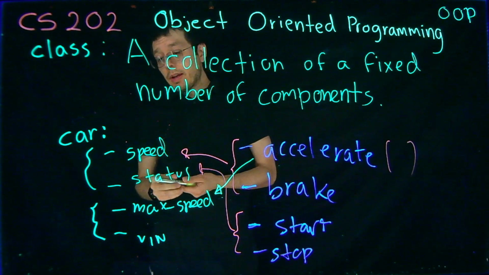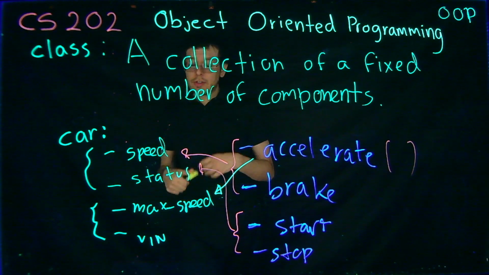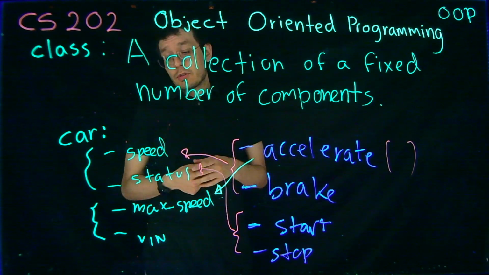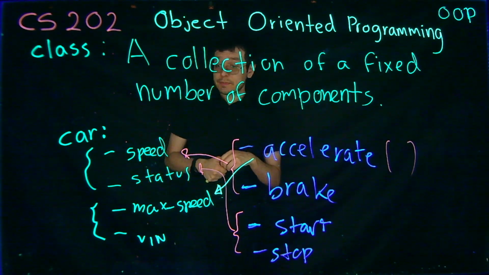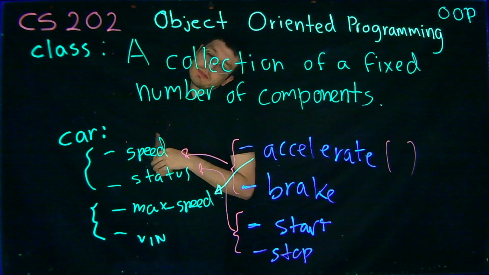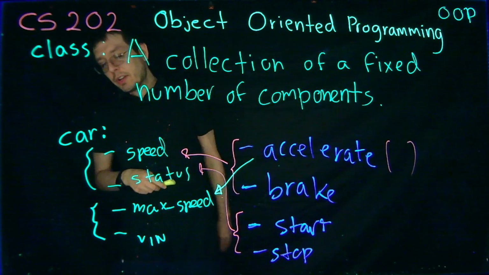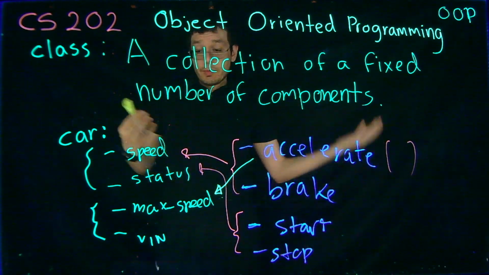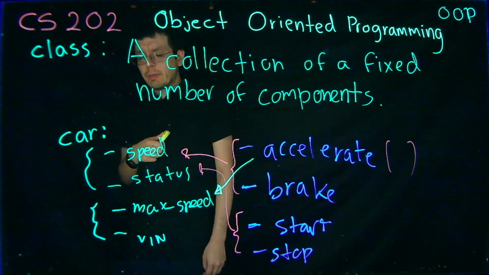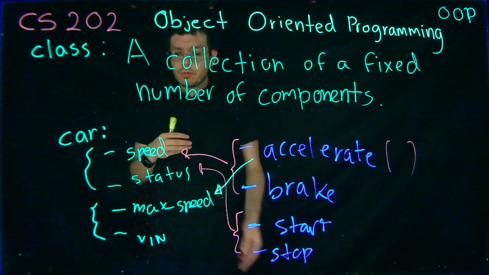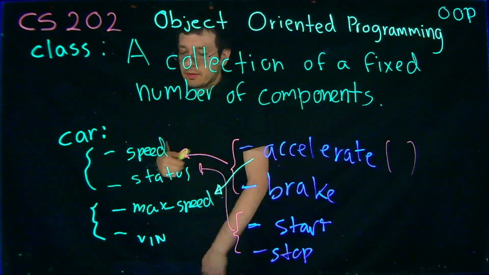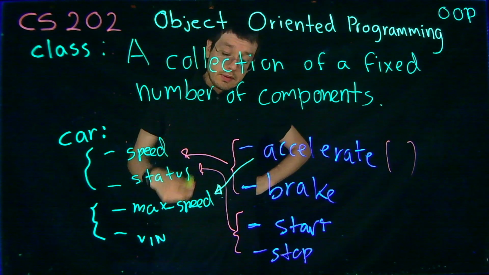We might have a little if statement that says if the speed we're accelerating to is trying to go over the max speed, then we just reject that acceleration request. Things like that. The bin is probably not going to be accessed by any of these, but we might have a function that says print bin, or maybe just print manufacturer information, and among those things we see the bin and other variables here, like the brand, Tesla or whatever self-driving car you are interested in.